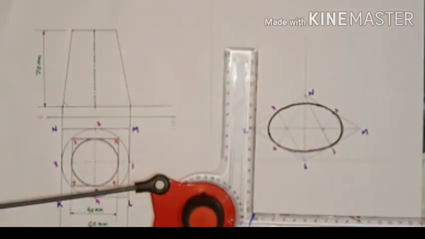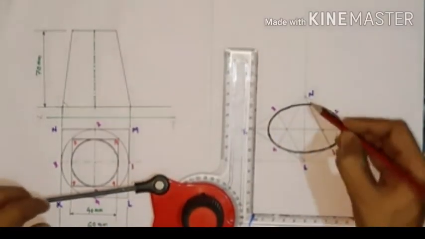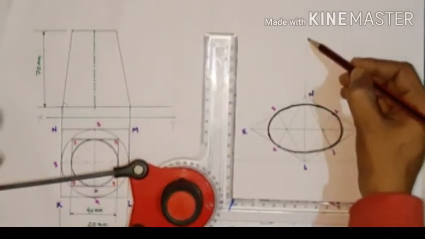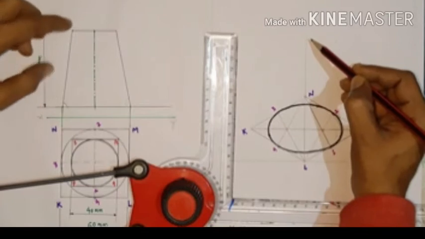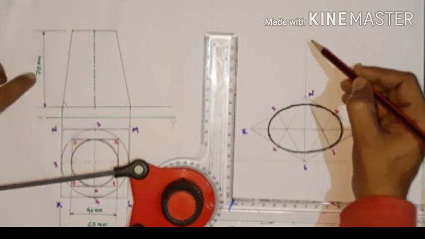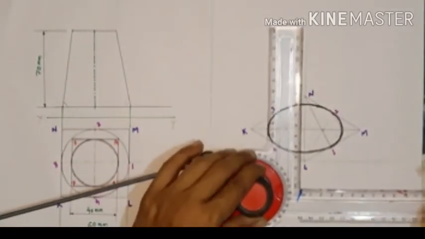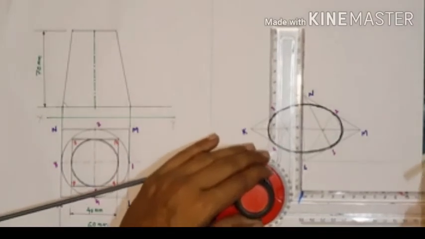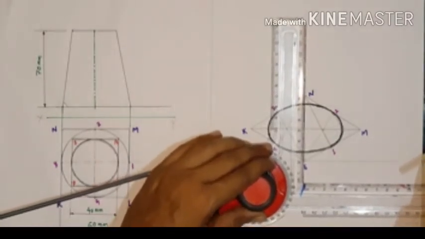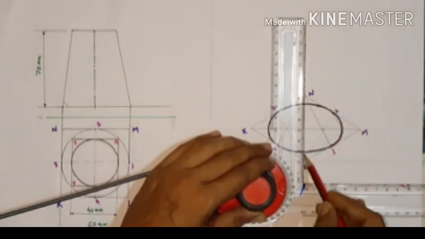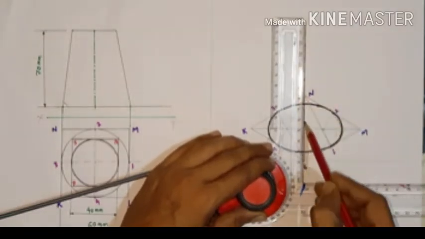Okay, now our next step is, we take all the dimensions 70 mm above, because our axis is 70 mm, or you can say the distance between the two circles is 70 mm. So right now we start marking 70 mm from all the points L, M, N and K. Here we start with N. So this is your same line.